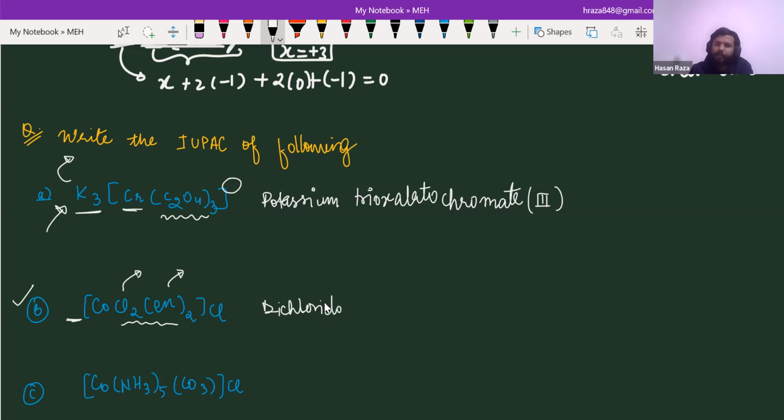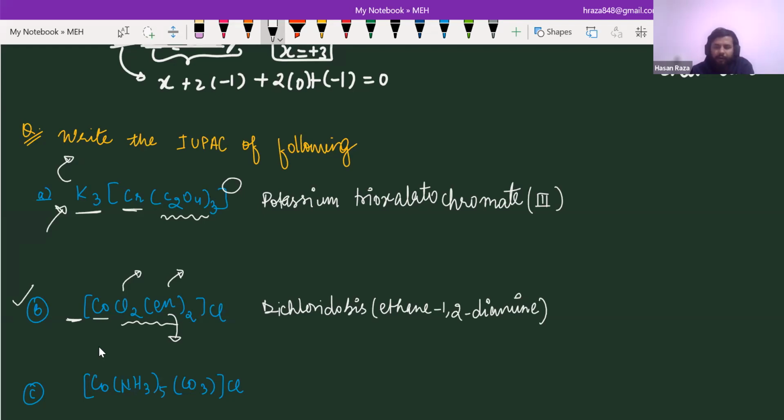dichlorido. After this, the ligand is a complex ligand, so instead of using di, tri, tetra, we will use bis, tris, tetrakis. So I'm going to use bis and then bracket ethane-1,2-diamine, close the bracket.